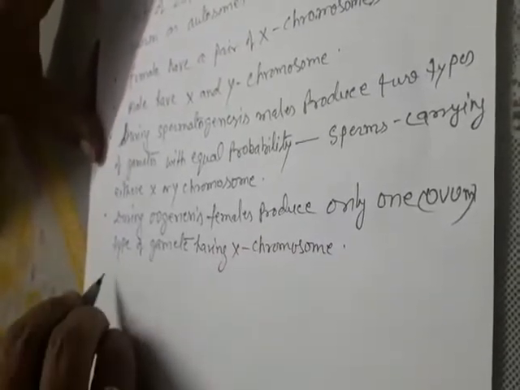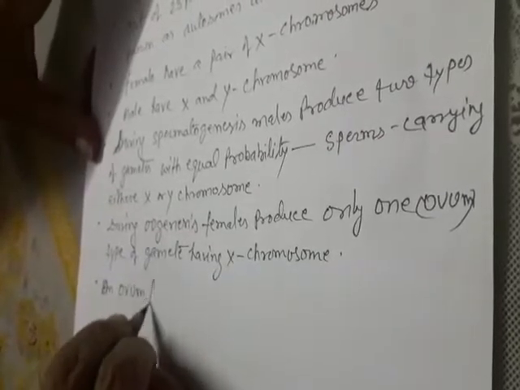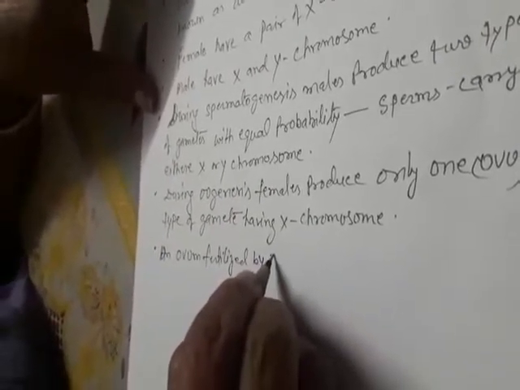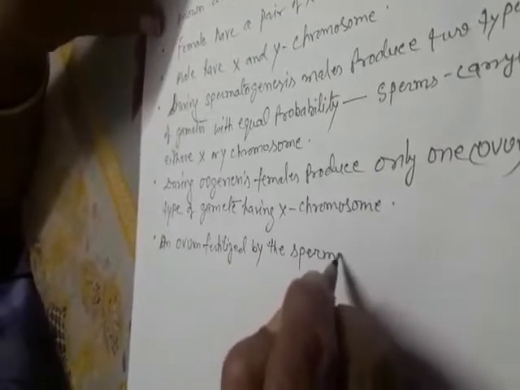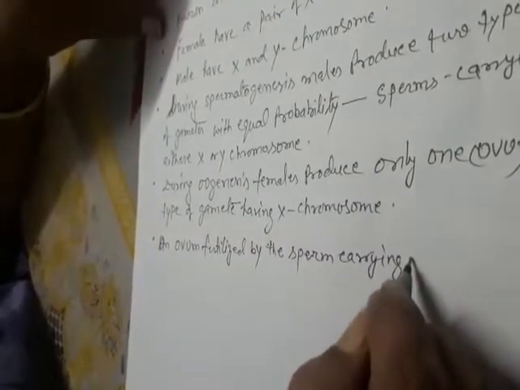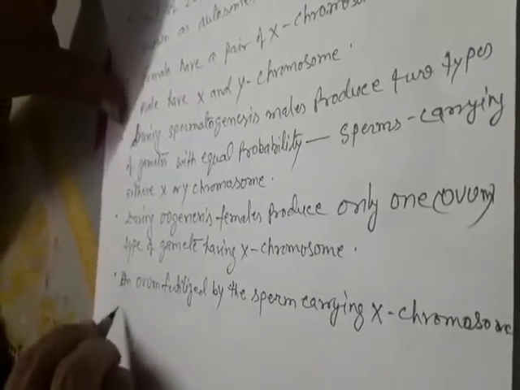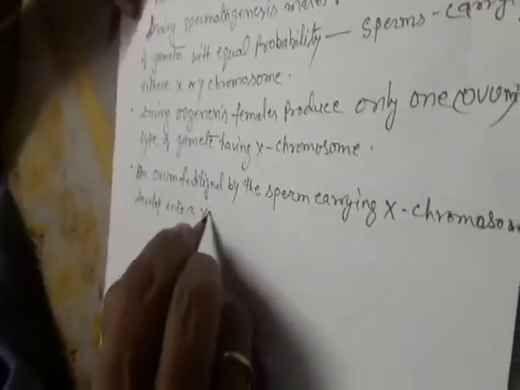During the process of fertilization, an ovum fertilized by the sperm carrying X chromosome develops into an XX female.